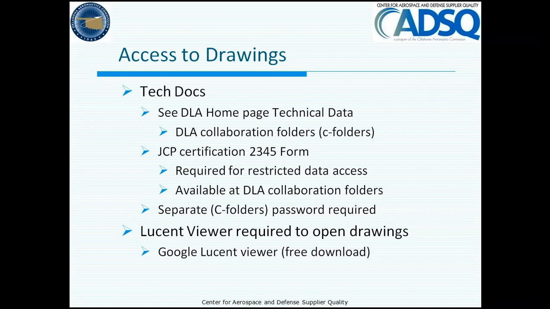It's simply a one-page form that we can provide you with, or you can get it off the website, that you send in to DLA and sign, and you're basically telling DLA that you will not utilize any of the technical data for any other purpose. You can't get technical data off the website and then use it to manufacture a product and sell it to someone else. You can only access that data for the intended purpose of manufacturing the item for that particular solicitation.